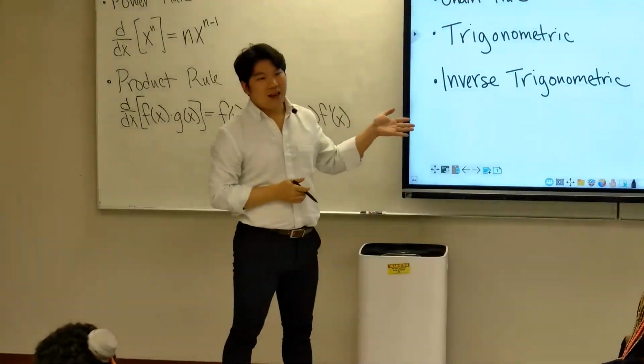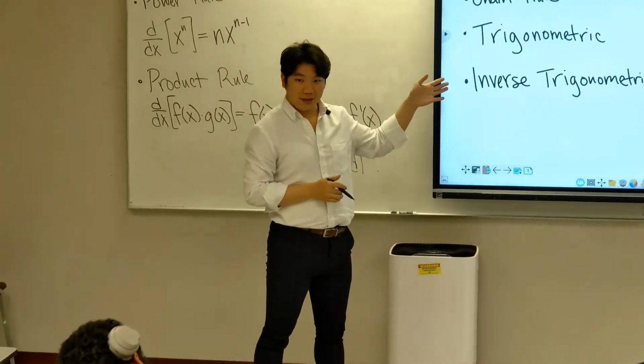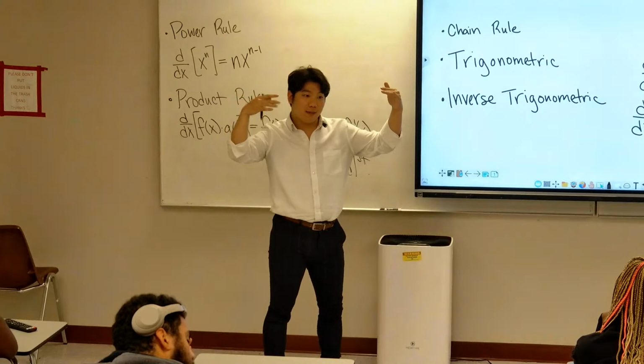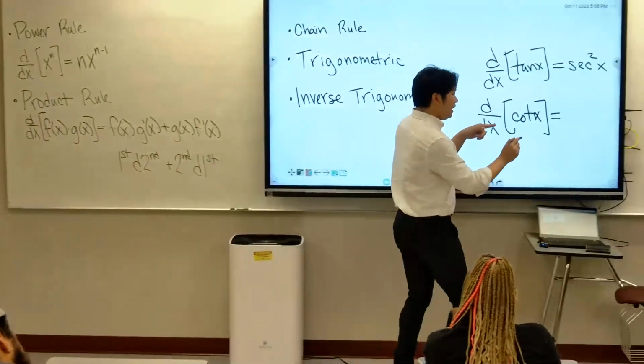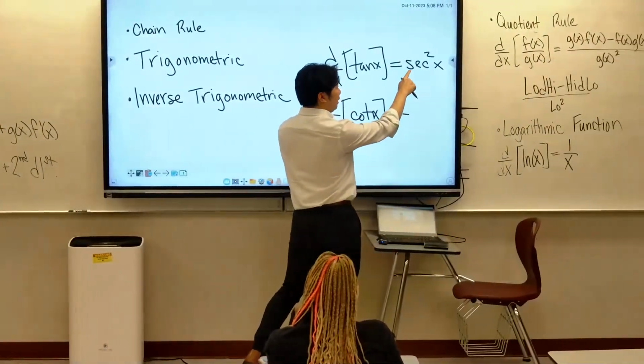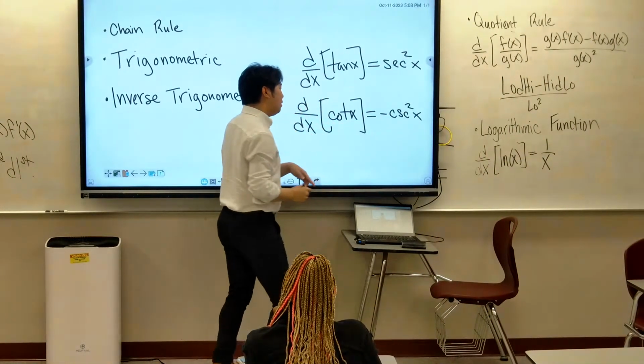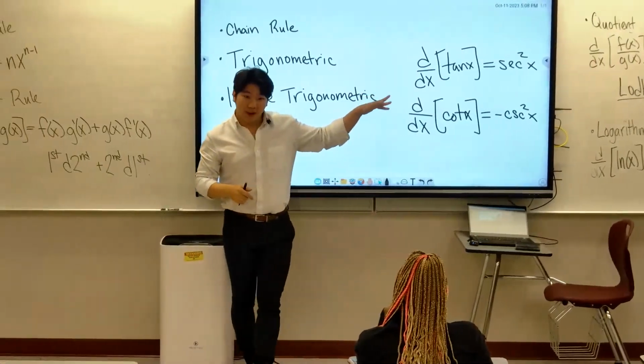I have tangent and then its co-function, cotangent. In other words, these were in the same row whenever I gave you those 6. First off, it is going to be negative cosecant squared of x.